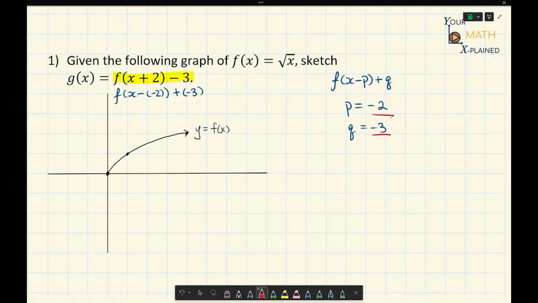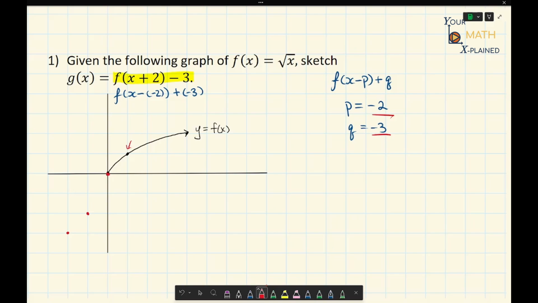Okay, so let's start with this point here. It's going to shift 2 units to the left and 3 units down, which means it's going to end up here. And then our point (1, 1), this point here, is also going to shift 2 units to the left and 3 units down.